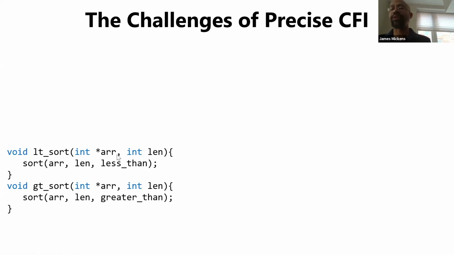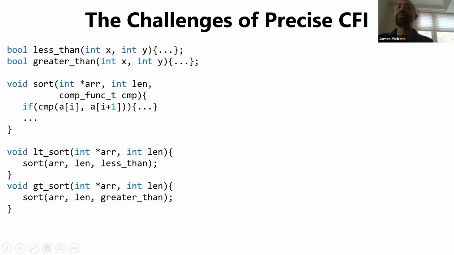And so if we look at the rest of the code, it kind of looks as you might expect. So we have this sort function here, which takes an array, its length, and then some type of comparison function. And then inside of the sort function, we call the comparison thing, and then figure out how we're going to sort two elements, A[i] and A[i+1].